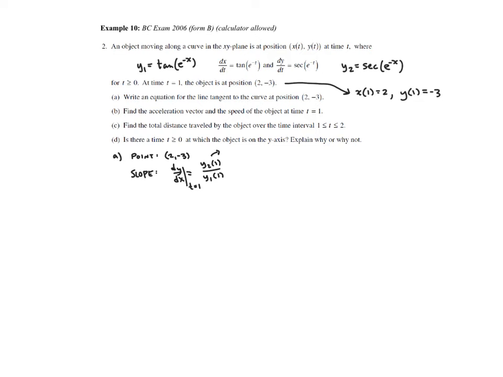Recall that this would be dy dt at t equals 1, and the denominator would be dx dt at t equals 1. This value for dy dx at t equals 1 ends up coming out to be 2.780.